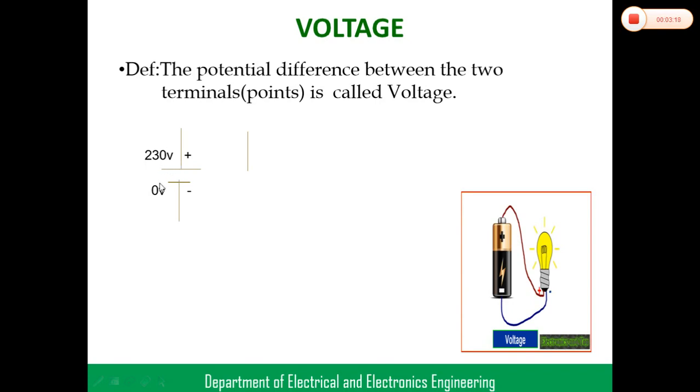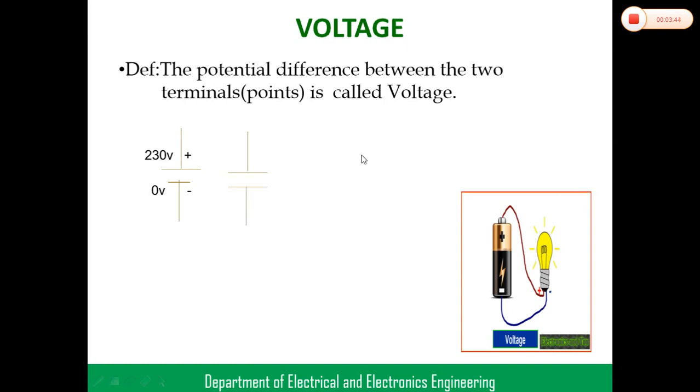So the potential difference between the 2 terminals is called voltage. That means the voltage of this source is nothing but 230 volts, because 230 minus 0 equals 230 volts.